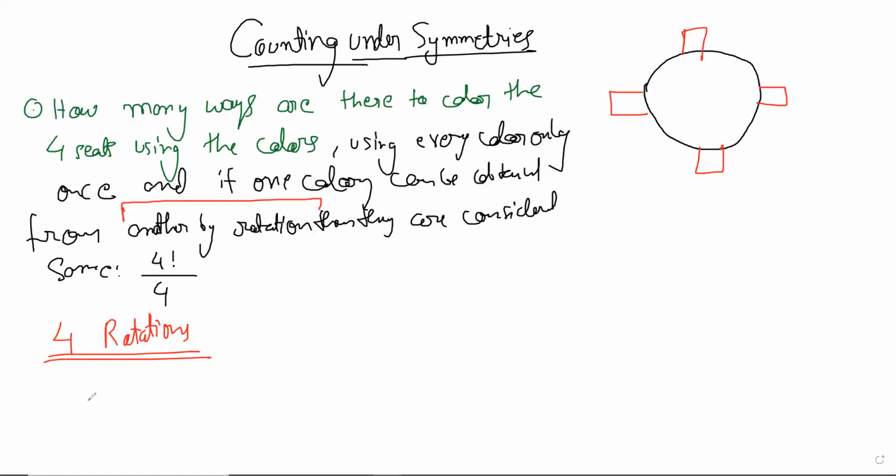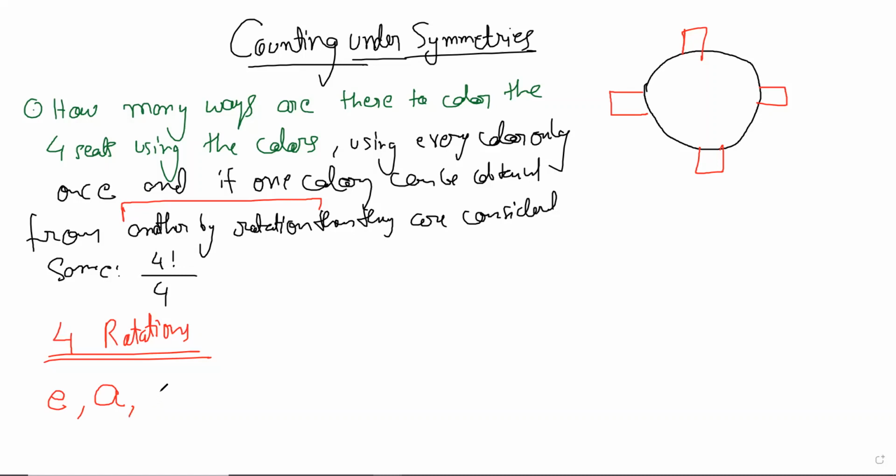I will label them as follows. One I will call E. E is the identity rotation, which does not do anything. The next one I will call A. This will be a rotation by 90 degrees.